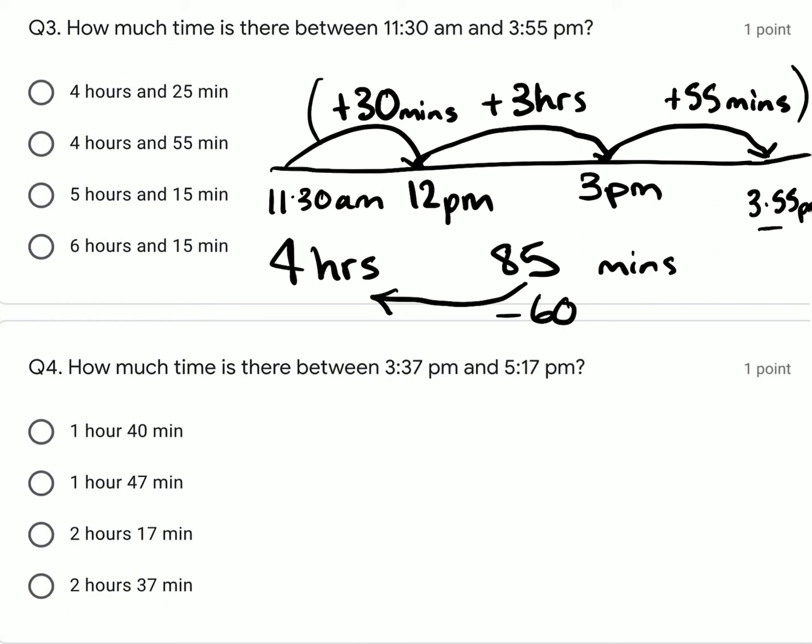Now 85 minus 60, how many minutes do we have left over? 85 minus 60 gives us 25. So we're left with 25 minutes after we added that hour to our hours. So 4 hours, 25 minutes is the total time difference from 11:30 a.m. to 3:55 p.m. That's the time elapsed, or the elapsed time. Okay, same thing for question 4.